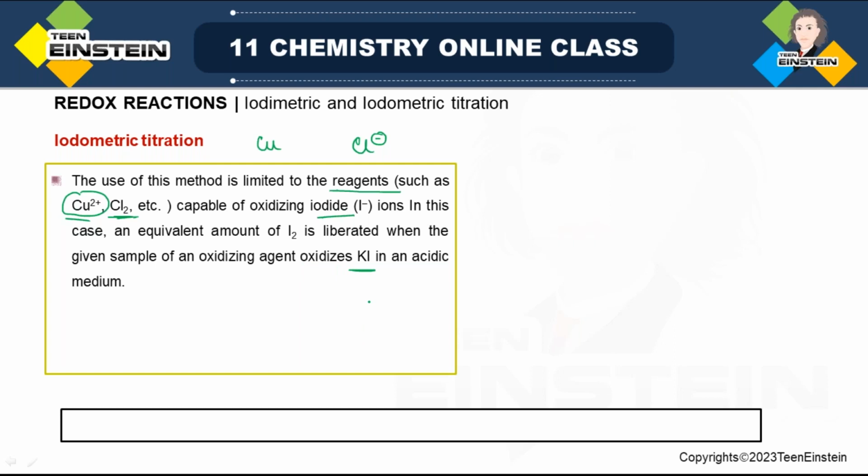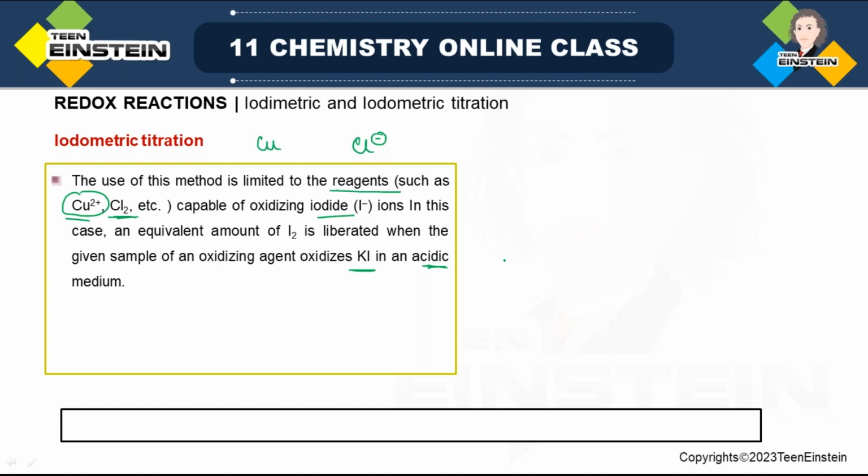Now, I will discuss this later also. Though here it is written acidic medium, remember this iodometric or iodimetric titration is not done in a very strong acidic medium or very strong basic medium. Mostly it is kept close to neutral. So it is written here acidic, but it is not strongly acidic.